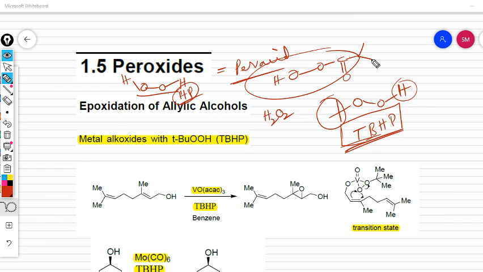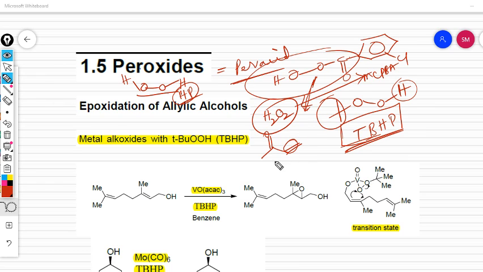If it is mCPBA and this is hydrogen peroxide, and I need to epoxidize a conjugated double bond, then as the nucleophilicity of the conjugated double bond is less because it is involved in conjugation, peracids will not be very efficient at epoxidizing conjugated double bonds.